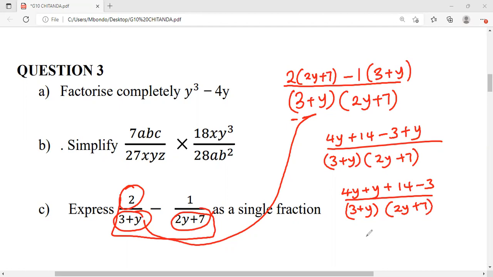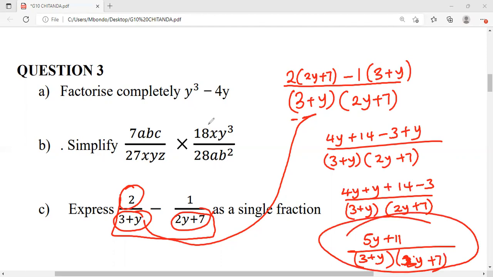Okay, then finally we can say we have 5y plus 11 over 3 plus y, 2y plus 7. This is what must be your answer.